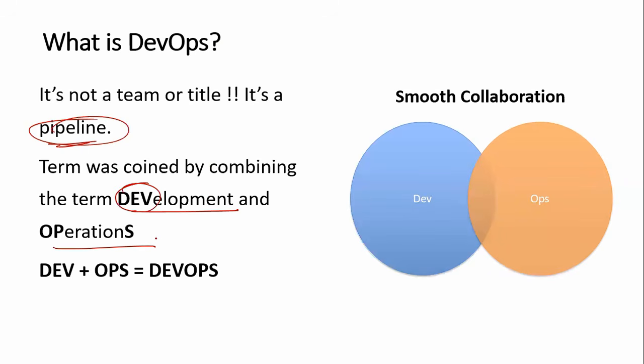From the development team they take the word Dev, from the operation team, Ops. That is DevOps. It's a smooth collaboration. It's not a separate dev team plus operations team. The testing team is a part of the dev team. So everyone works together. Don't take it as a team. Again, it's an automated process.